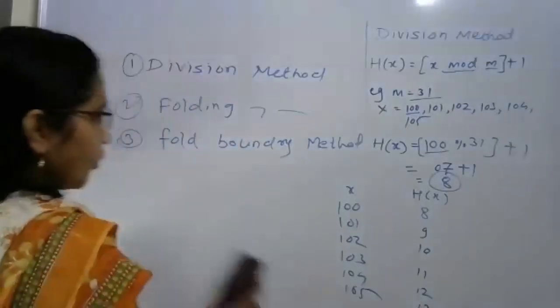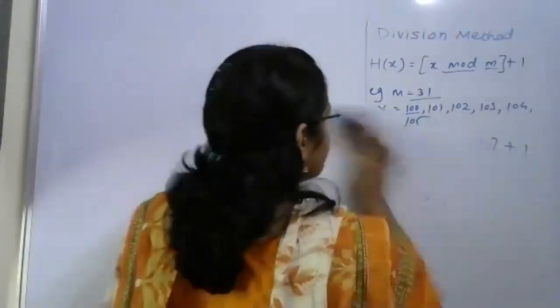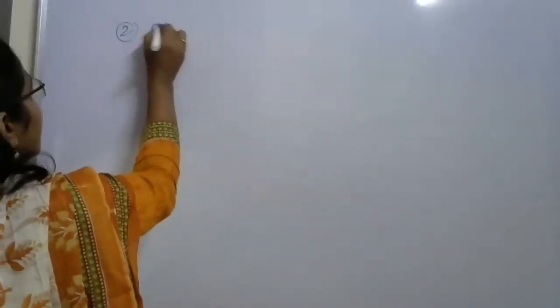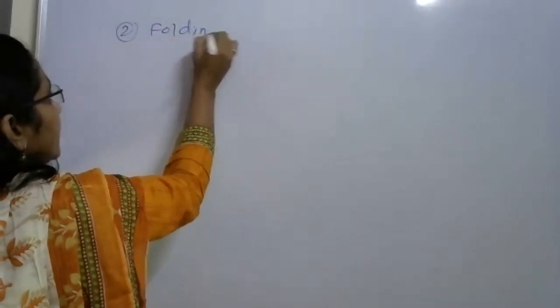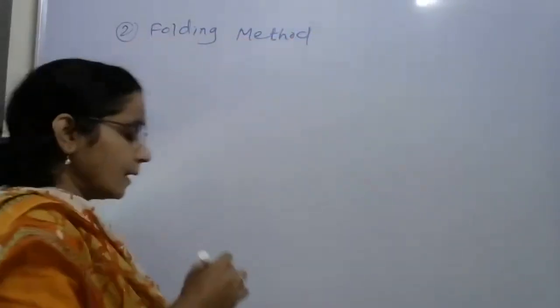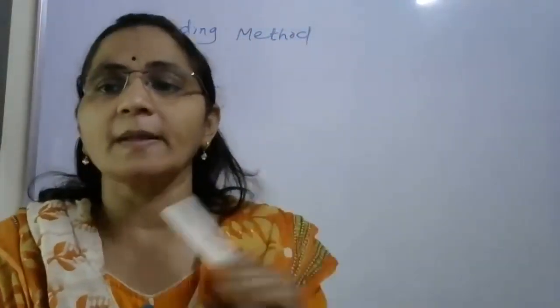Now the second method is the folding method. Once again, all the calculation of the hash addresses is based on some mathematical formula.